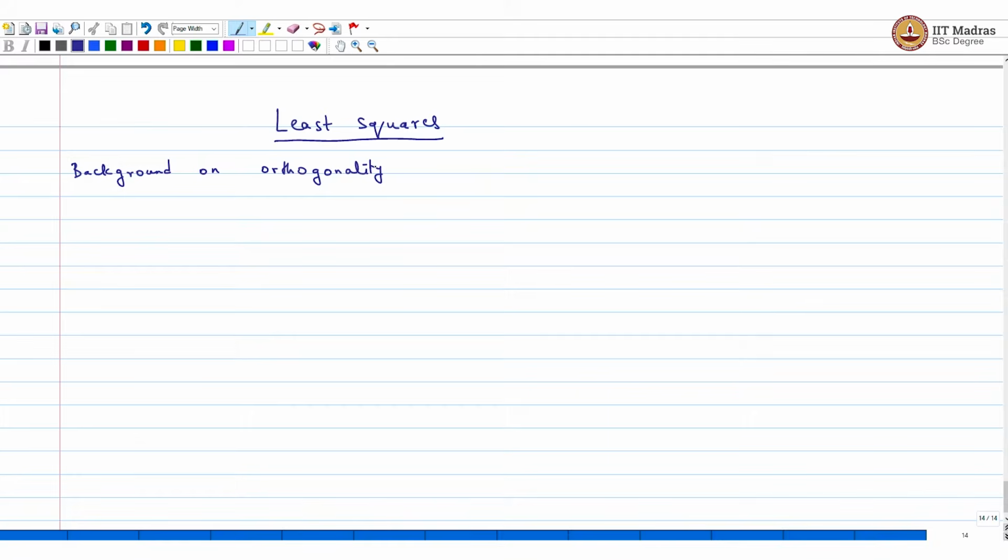So coming next, what we are going to look at: one, orthogonal vectors and the length of a vector.